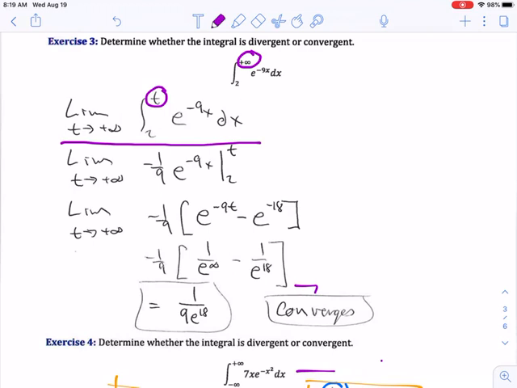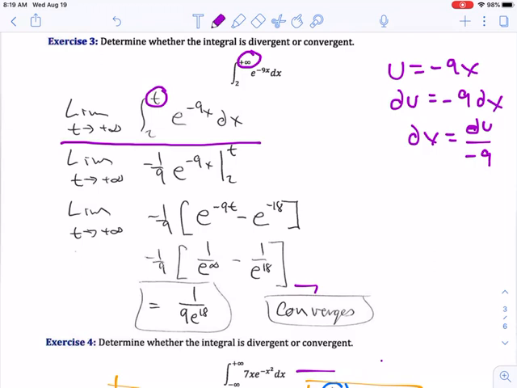So this is a u substitution problem. U is simply negative 9x. Du is equal to negative 9 dx. Dx is equal to du divided by negative 9. So you're going to make the integral of e to the u times du divided by negative 9.